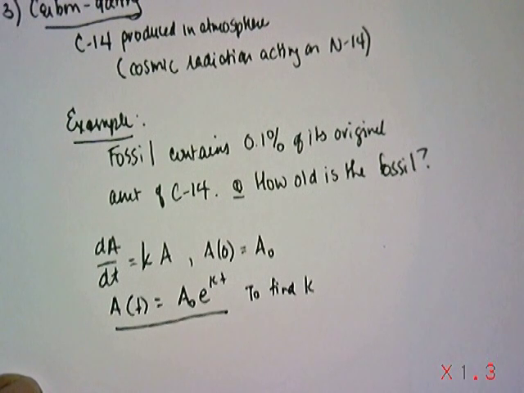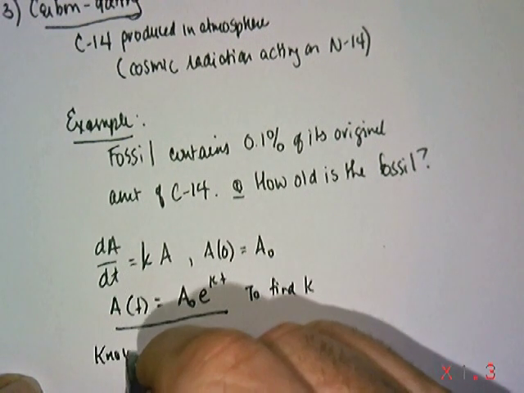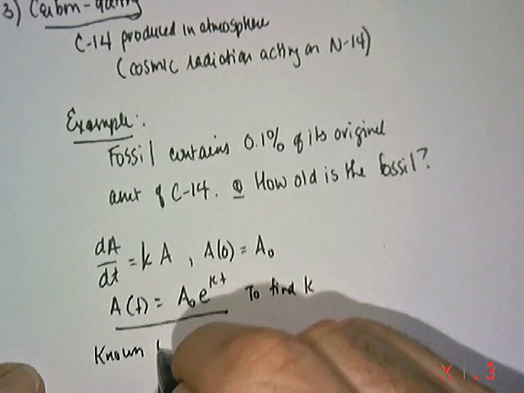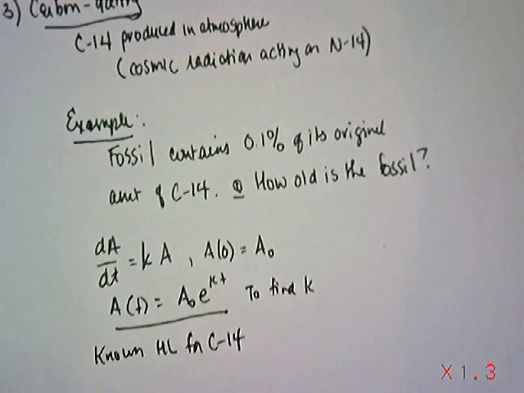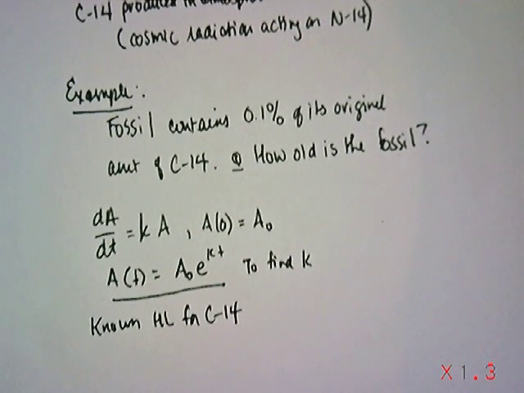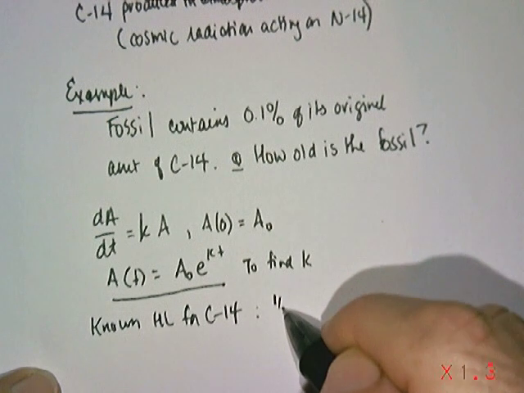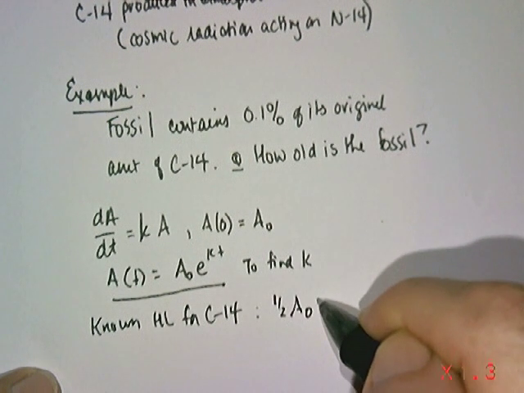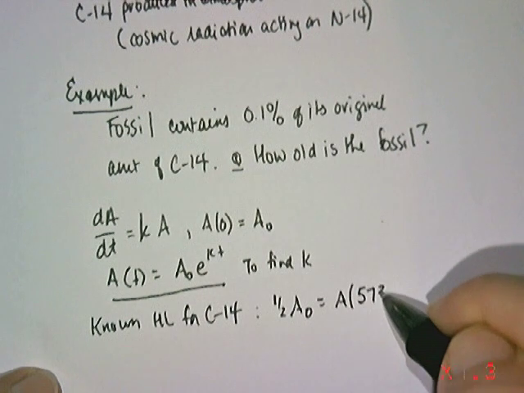One piece of information that we have is a known half-life for carbon-14. That's not given in the example because it's already known. So carbon dating is done with this information already known. It is known for carbon-14 that the half-life, the time that it takes to get half of the value, is about 5,730 years.